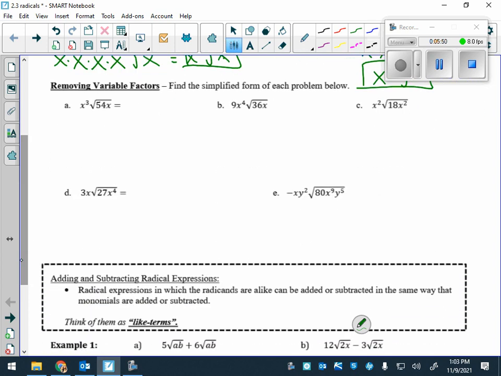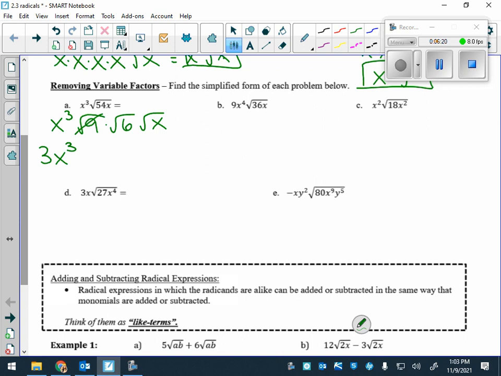So now we're going to combine variables and our numbers. Okay. So we have the square root of 54x cubed. How about 54? What does that break down into? What do we got? Nolan? 9 and 6. So if I was to separate it this way, again multiplying, what's the square root of 9? 3. Can I do anything with 6?